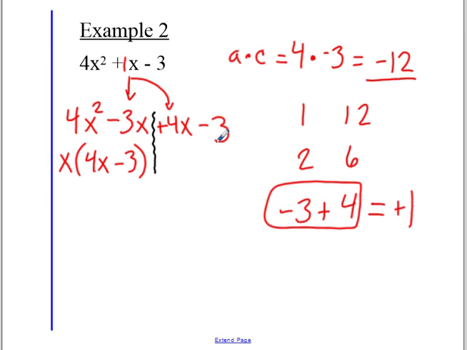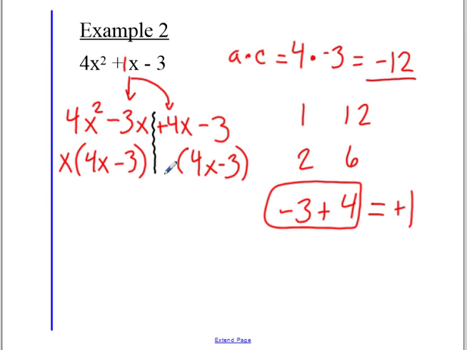As I look at the 4x and this -3, I realize that there's no GCF here. But we still need to get some number to come outside of that set of parentheses. We just need to put a number that's not going to change anything, because this 4x minus 3 already matches this set of parentheses. So we still want it here.